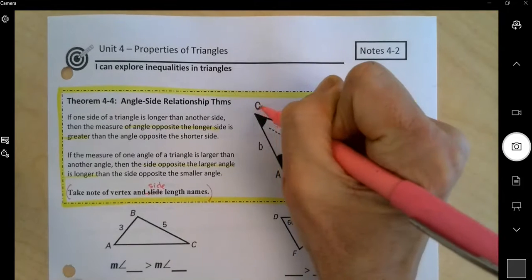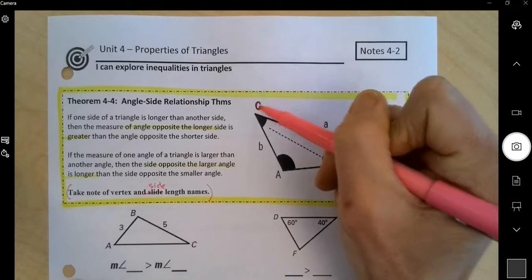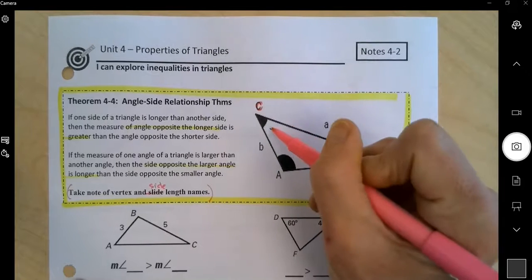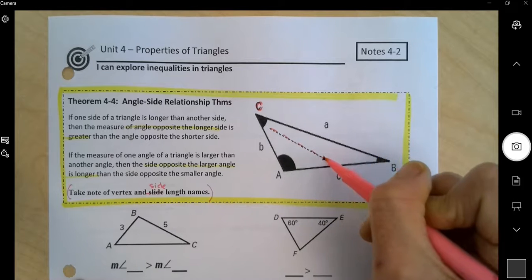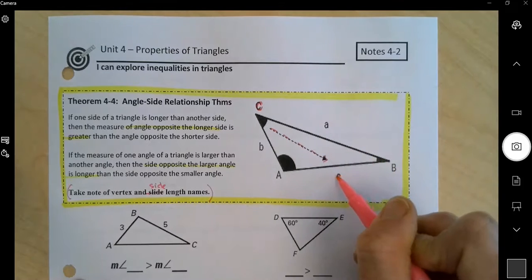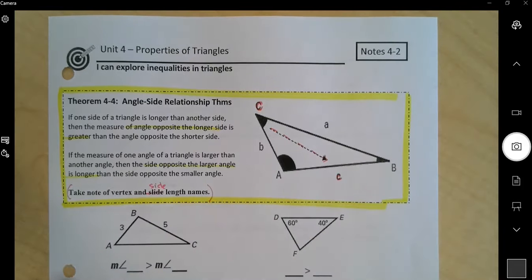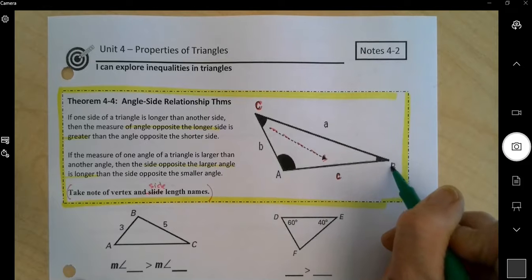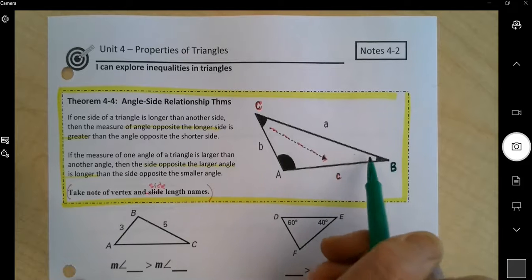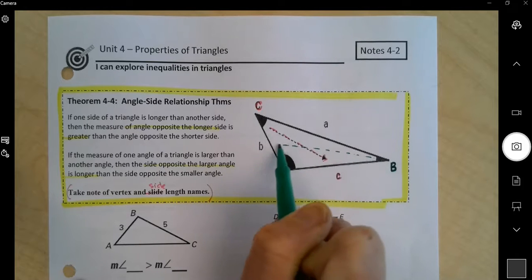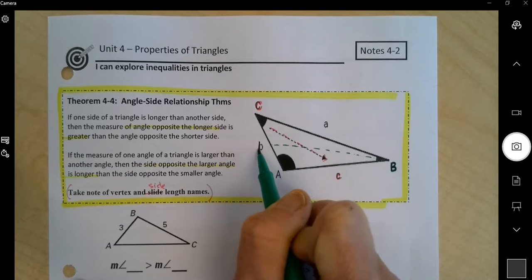Here's vertex C in a capital letter C. Vertex C is always going to be opposite of side C with a little c. See vertex B over here, capital letter B. He is always going to be the angle opposite of side B.